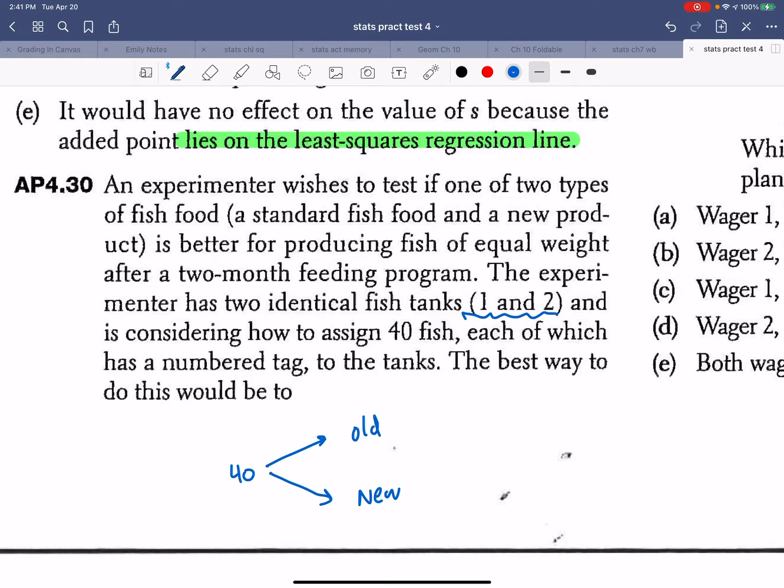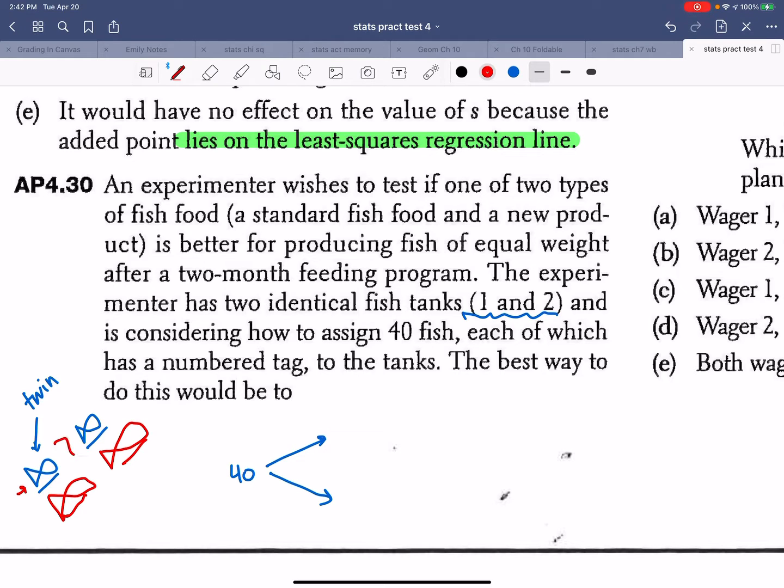This tells us that we want to match these as best as we can. Okay. So that means I can't have a twin fish. There's no such thing. I can't decide if one fish is a twin. So I'm going to try to match fish. Maybe this one's a little bit bigger, and I'll find one almost the same size, and if I find a twin, I put one in tank A and one in tank B, if that makes sense.